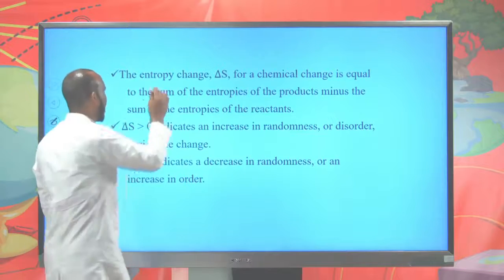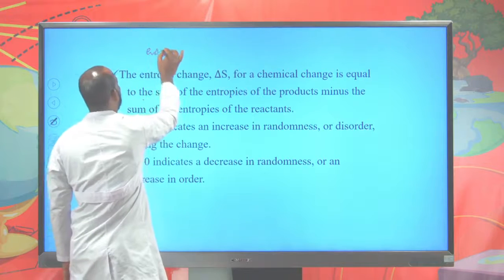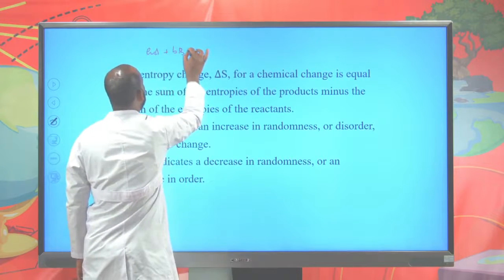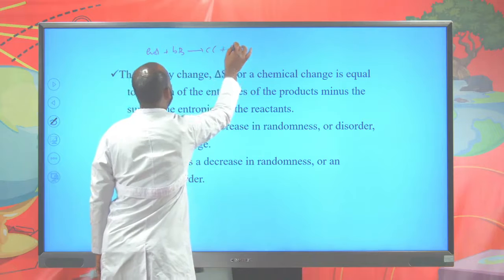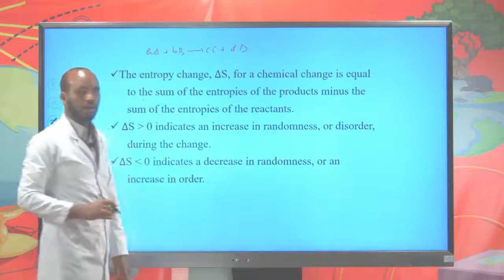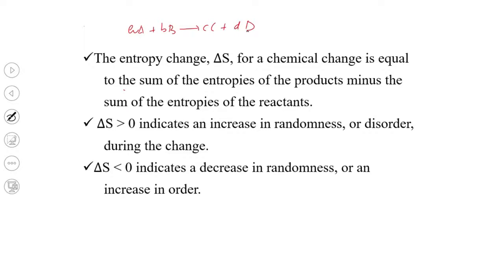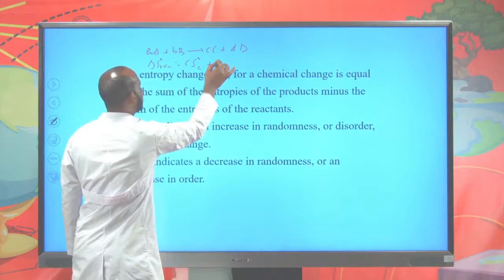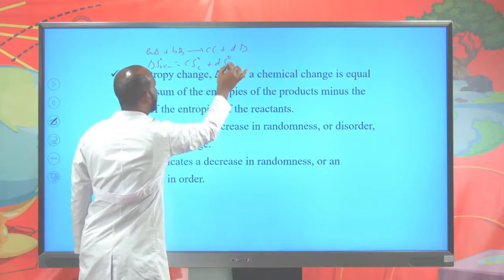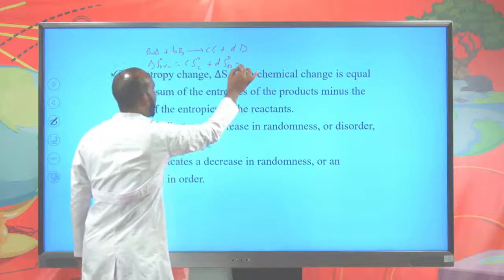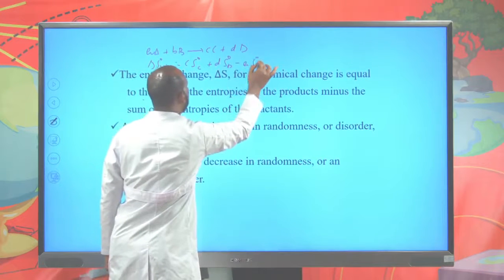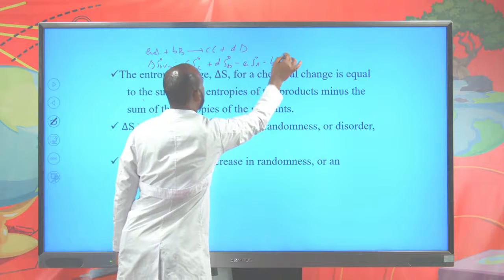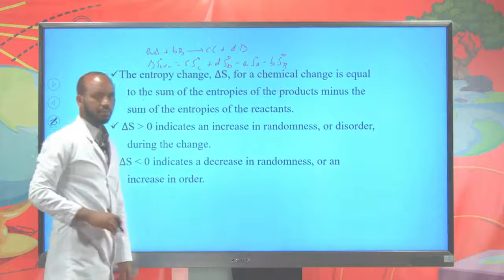For reactions of the type aA plus bB to form cC plus dD, the standard entropy change delta S naught of this reaction equals c times molar entropy of C plus d times molar entropy of D minus a times molar entropy of A minus b times molar entropy of B.